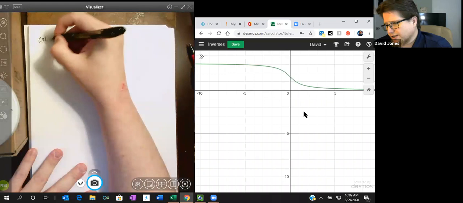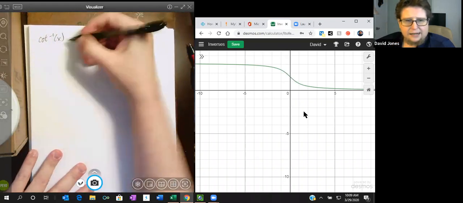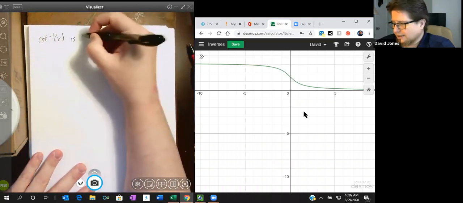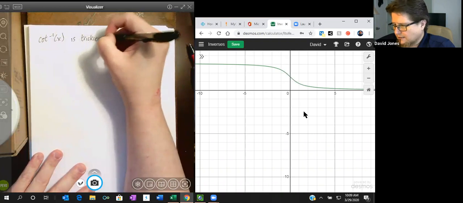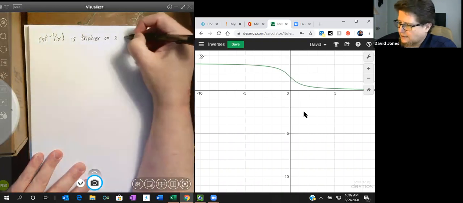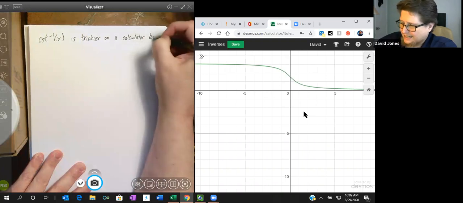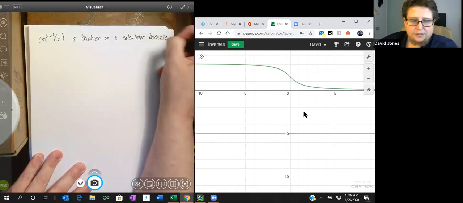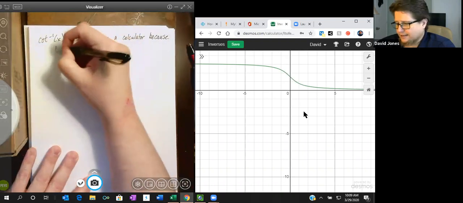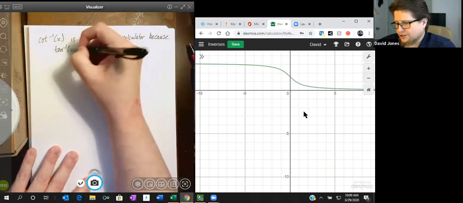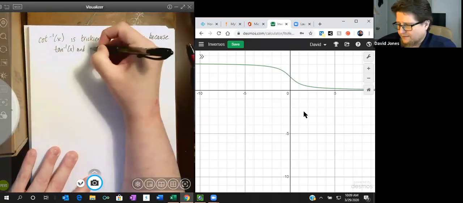So cotangent inverse of x is trickier on a calculator, and it has to do with those restrictions. Tangent inverse and cotangent inverse have different domains.